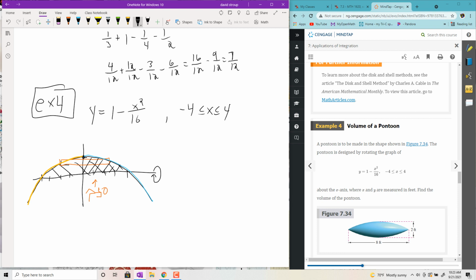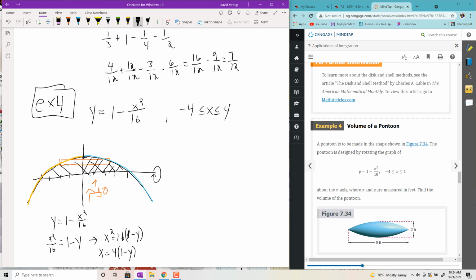So you would have to solve that. So y equals 1 minus x squared over 16. So x squared over 16 equals 1 minus y. And that would give you x squared equals 16 times 1 minus y. And then x would equal plus or minus 4 times the square root of 1 minus y.